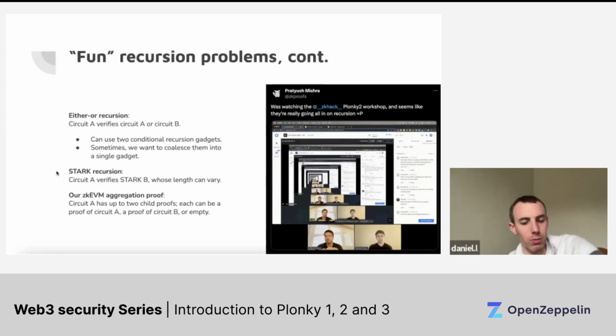In Plonky2, they're limited to powers of 2. So we go through each possible power of 2 size, and for that specific size, we preprocess a recursive circuit. And then once we have all these different circuits for the different possible sizes, we do some aggregation of those, or some kind of conditional either-or logic, to verify those together.